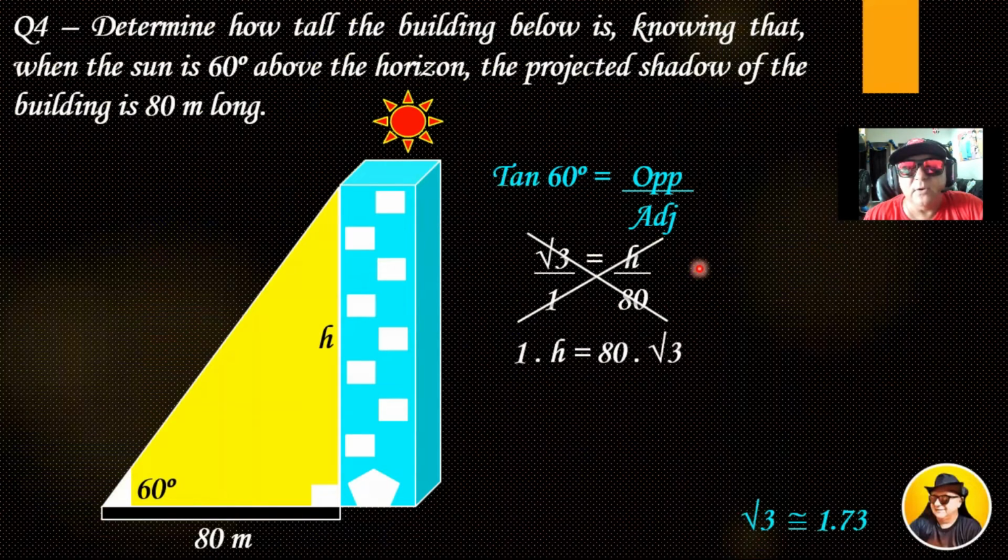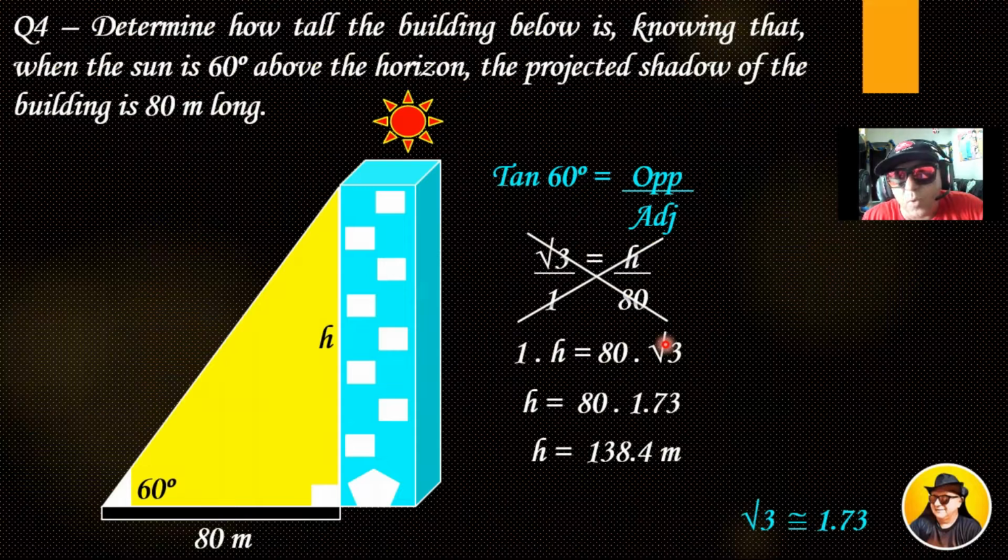Let's replace the value of the square root of 3. So it means that h is 80 times 1.73. Doing the multiplication, the building is 138.4 meters. Okay, very good. It was question number 4. Let's see question number 5.